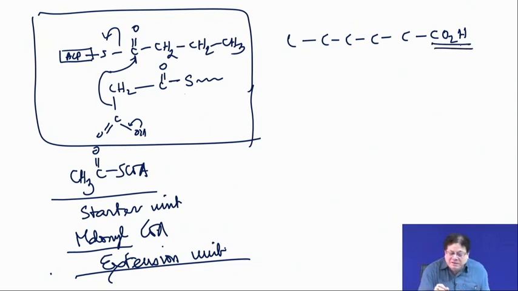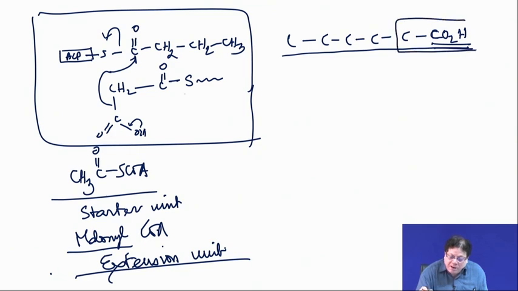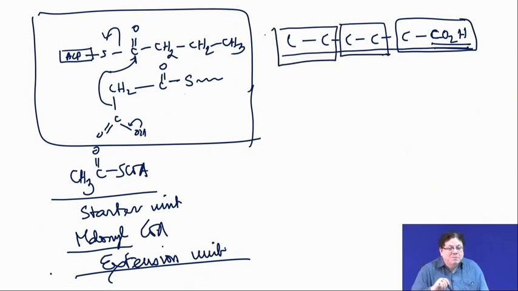Now, if I ask how many malonyl units are present here, you start from this CO2H. So, this is one malonyl unit, then this is another malonyl unit and this is your starter unit. Or you can start from this side: the first 2 carbons are your starter unit, then the second pair of carbons comes from the extension unit. So, that is malonyl, this is also malonyl.